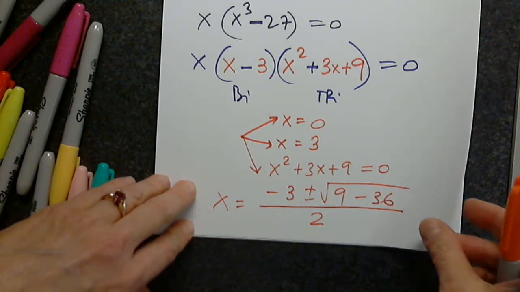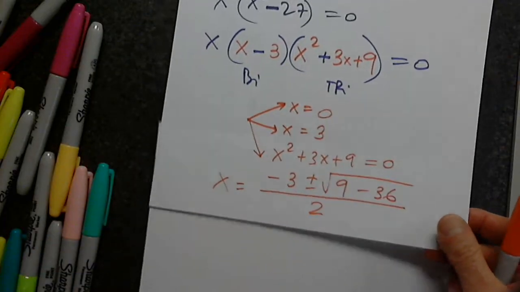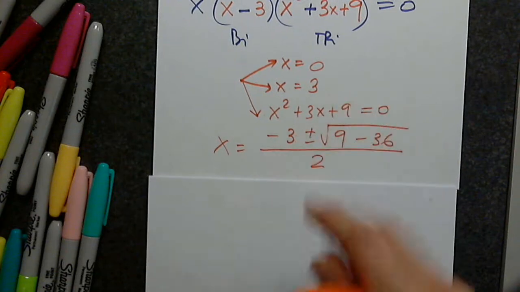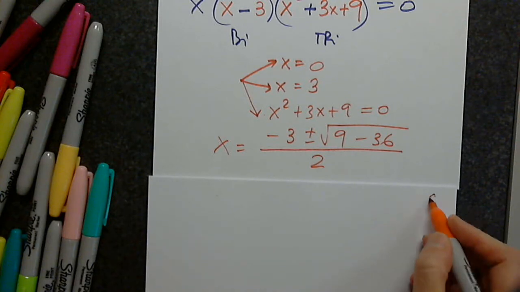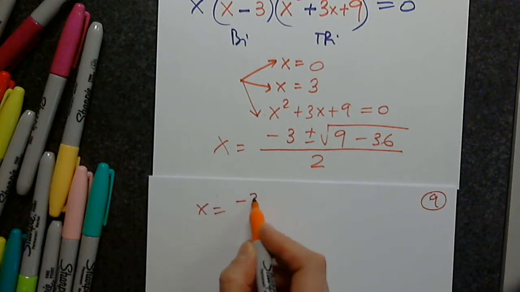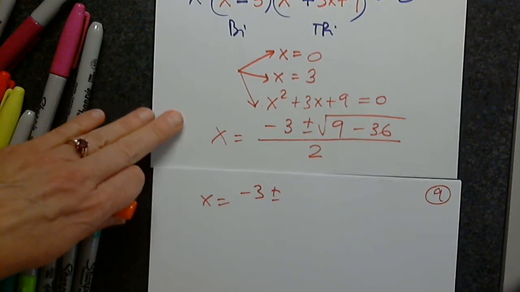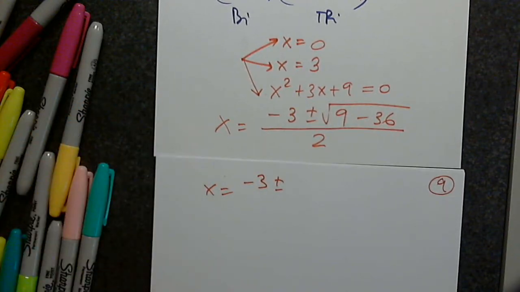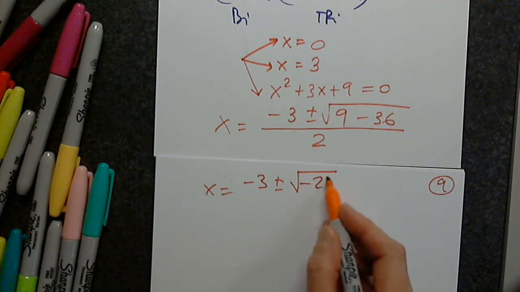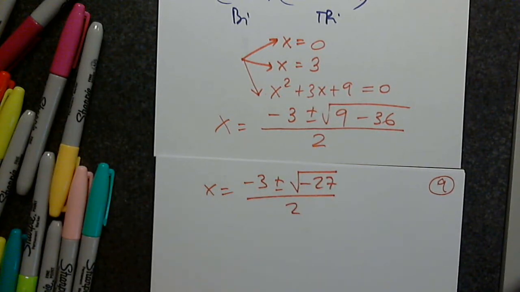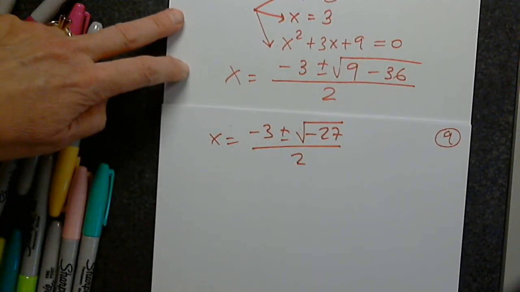Nope, because it gives you imaginary solutions this time. Don't even try it. How would we know it would do that? 9 minus 36 is a negative number. It will give you an error. So x equals -3 plus or minus the square root of -27 divided by 2. And now let's talk a little bit about the square root of -27.